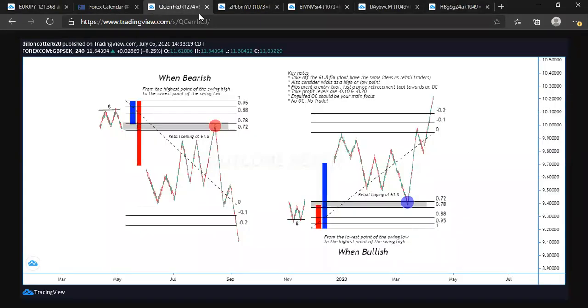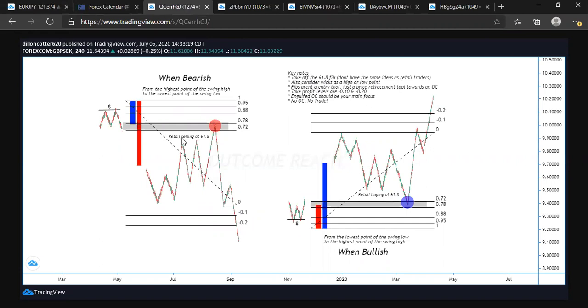So what are some key notes that you can take away from this? First off, if you are going to use this price retracement tool, this Fibonacci tool, take off the 61.8 fib.